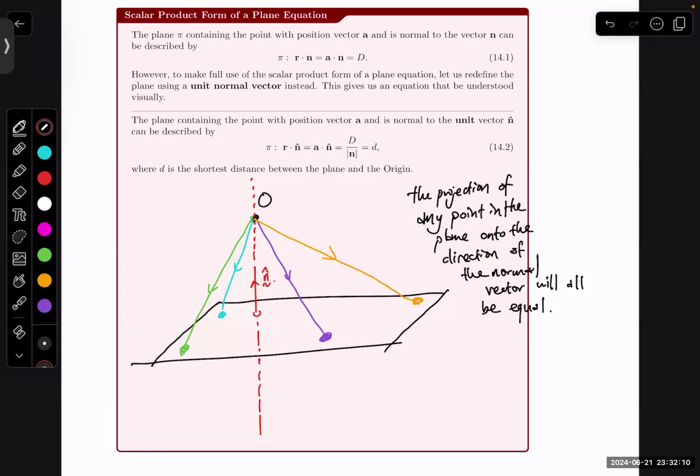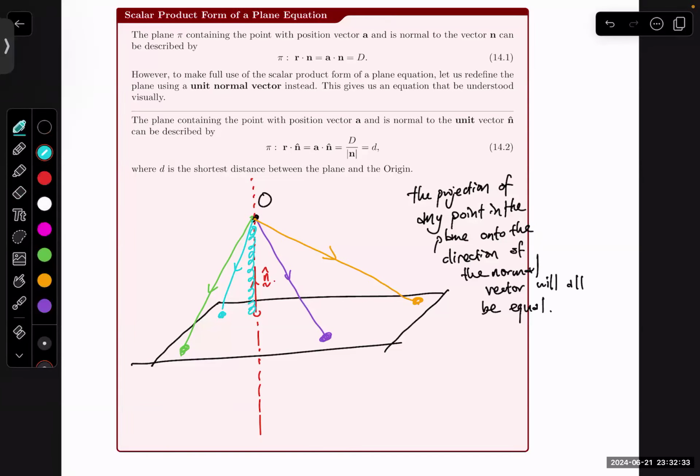The projection of any point onto the direction of the normal will always be equal. So if I do a projection of the blue color one onto the red color one, I smash the blue color vector into the red color one, and I will collect the blue color vector here.